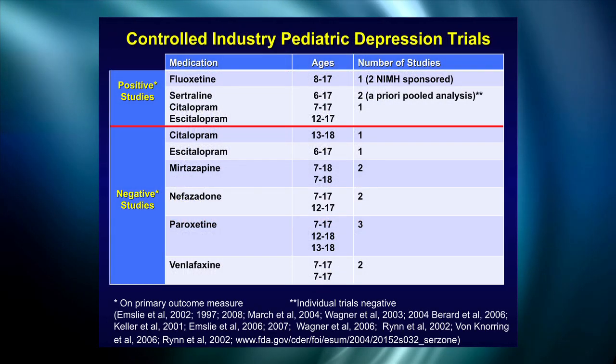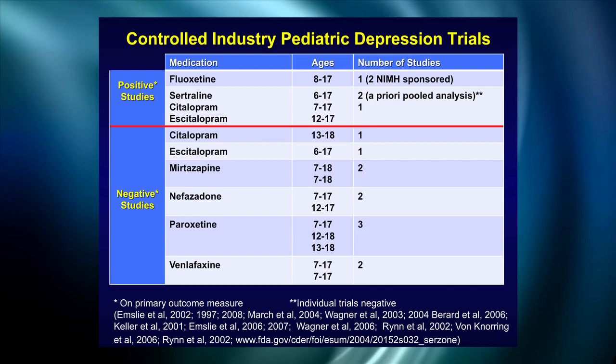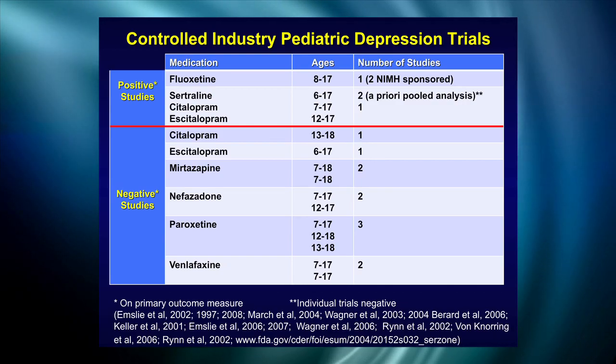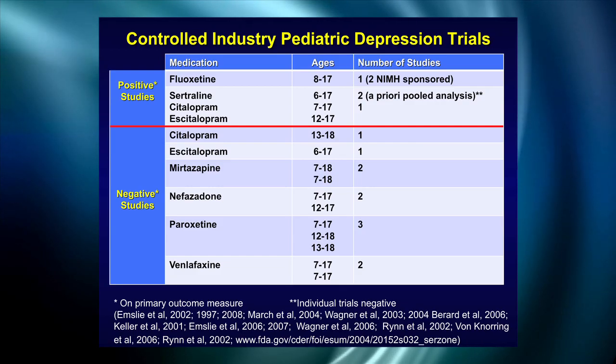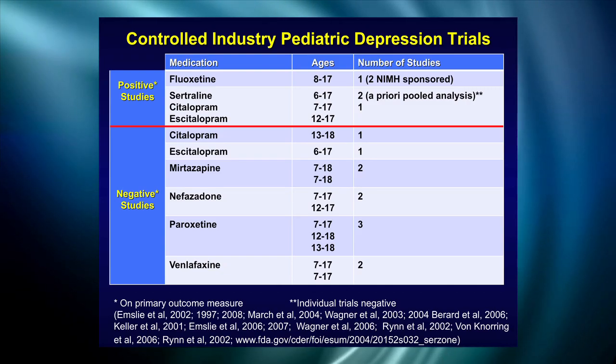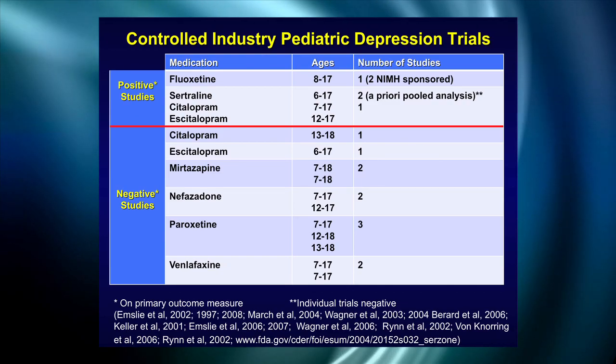So at this point, this is the scorecard of industry-supported pediatric depression trials. These are the ones that are the positive studies. There have been a couple of NIMH-sponsored studies as well as an industry-sponsored study. There have been a bunch of these that are sponsored, and these are the ones that have the positive FDA approvals.